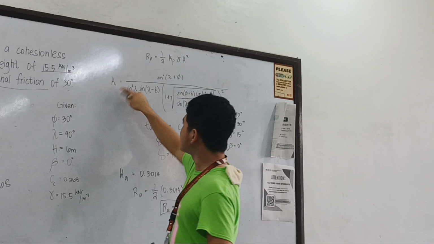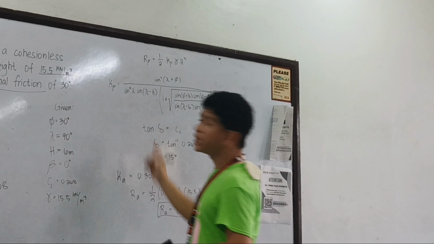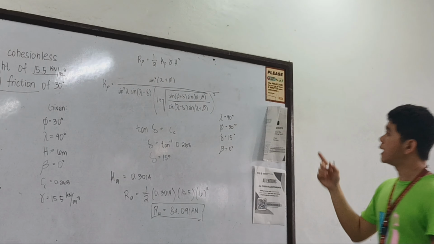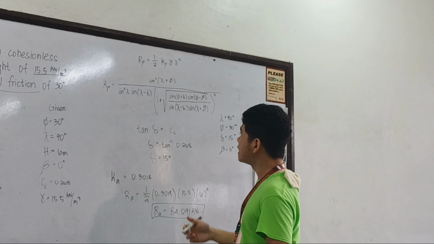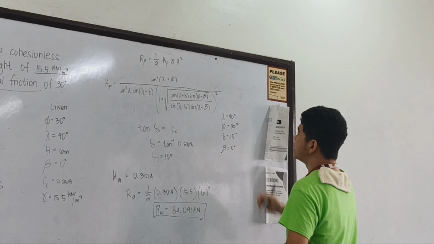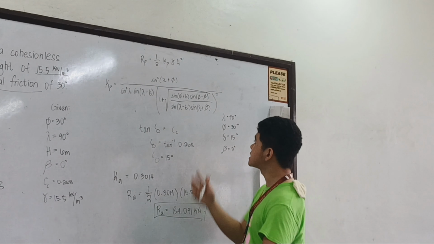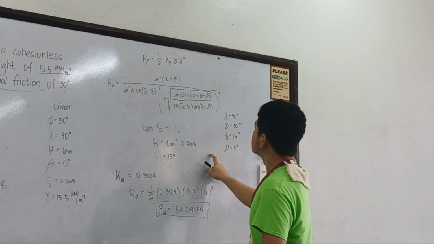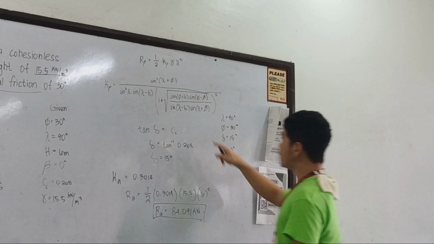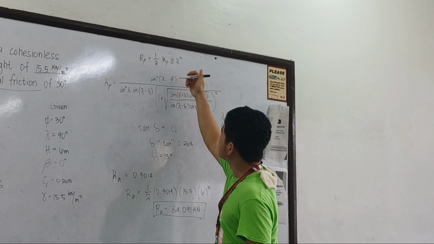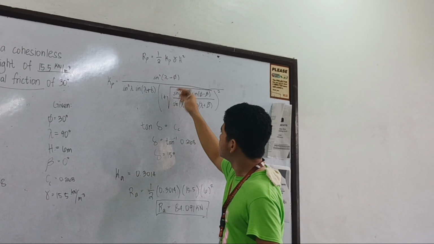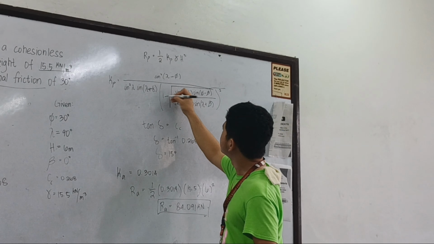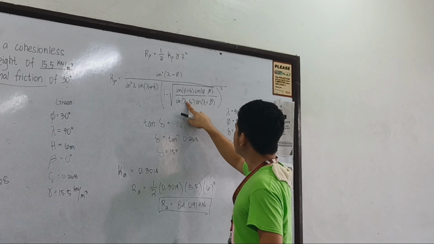What changes from the formula of the coefficient of active pressure is the signs: here it will be negative, here positive, here negative, and inside all positive.